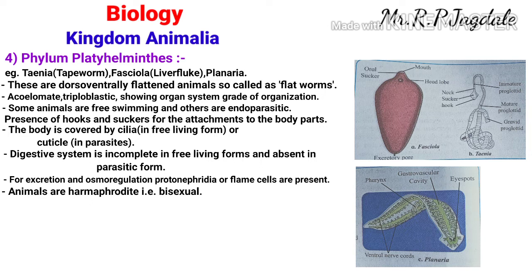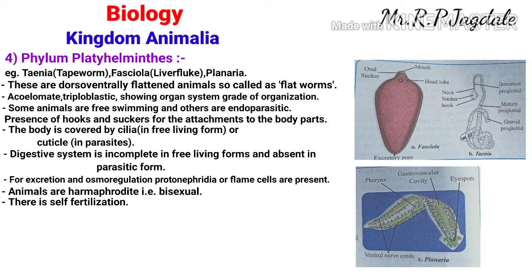Both sexes are present in a single animal, that is called hermaphrodite or bisexual. Self-fertilization is seen in the organisms of this phylum.